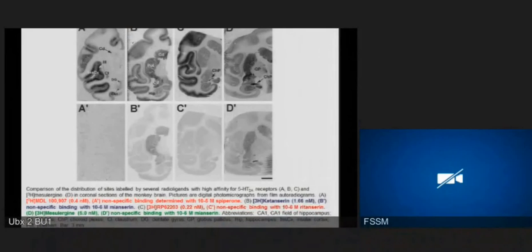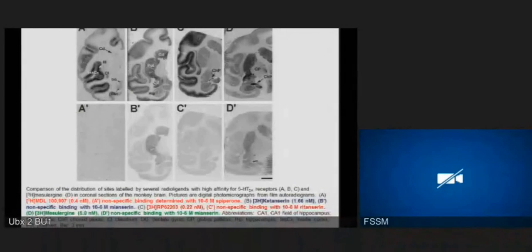I do agree. So in all cases, in A, B, and C you have something which is quite similar, at least in the labeling in the cortex.